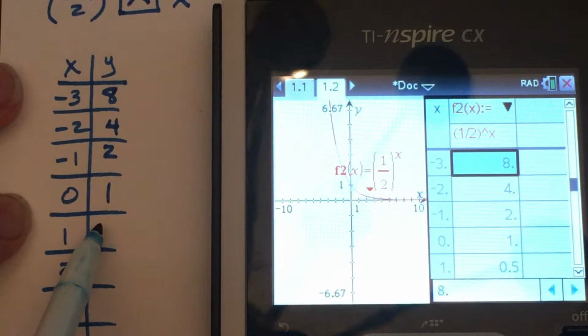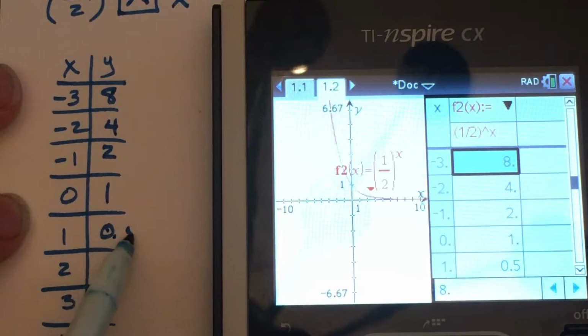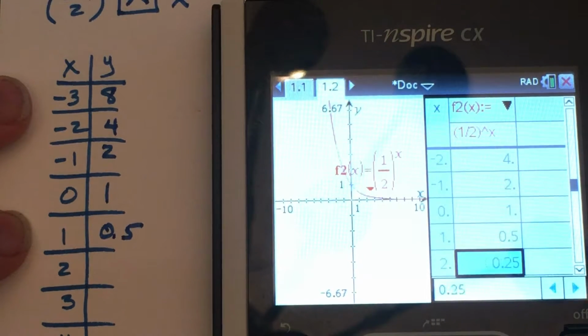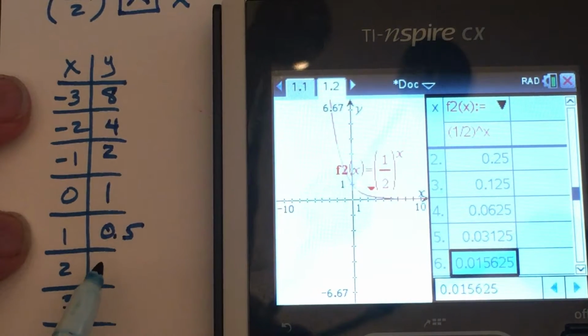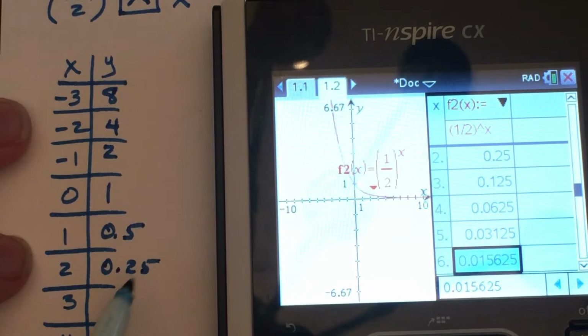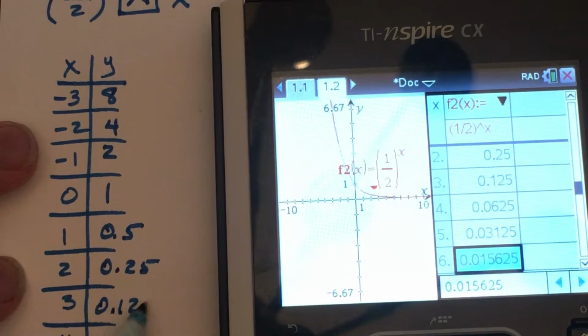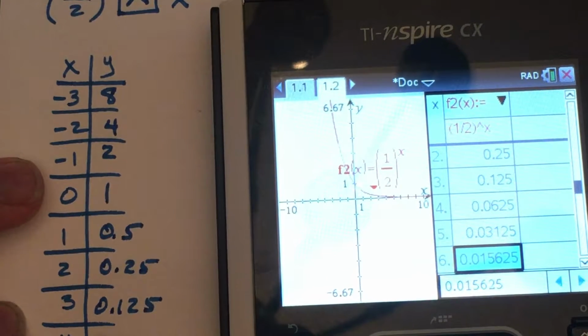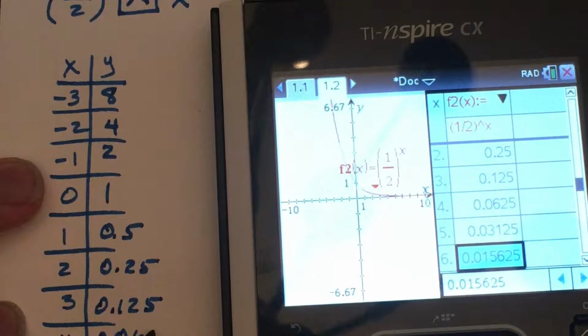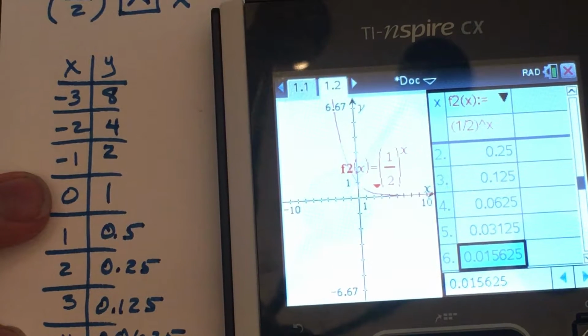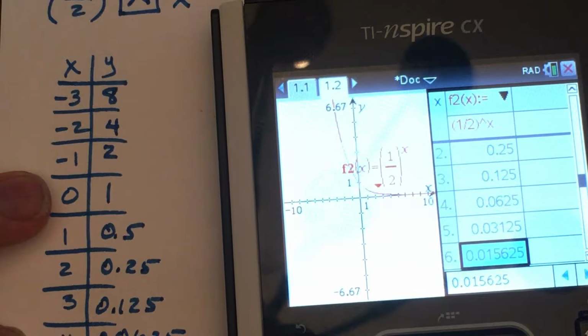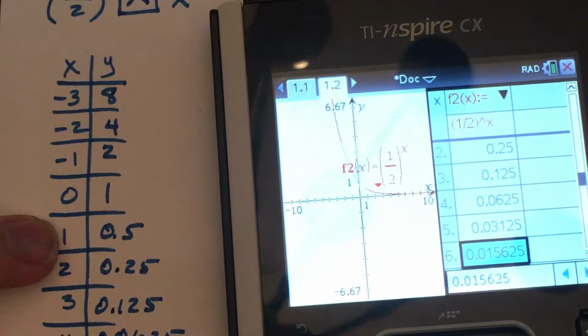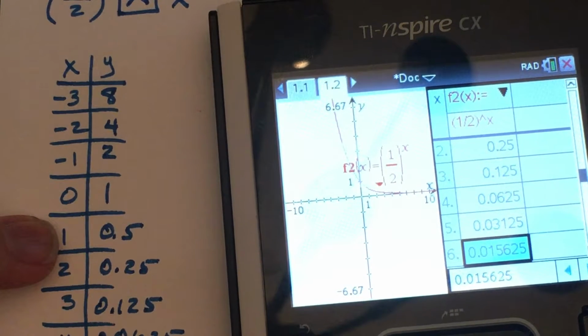Are these numbers looking familiar? And 0.5, 0.25, 0.125, 0.0625, 0.03125, 0.015625.